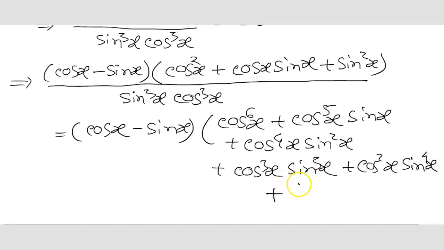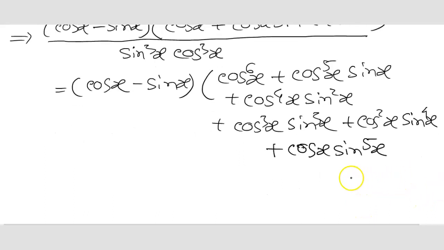I have written many things, so now cos 6, cos 5, cos 4, cos cube, cos square, cos 0. Okay, now there is one term left, and that term is sine to the power 6x, right?